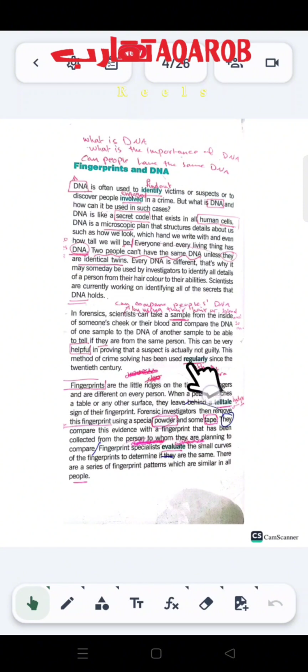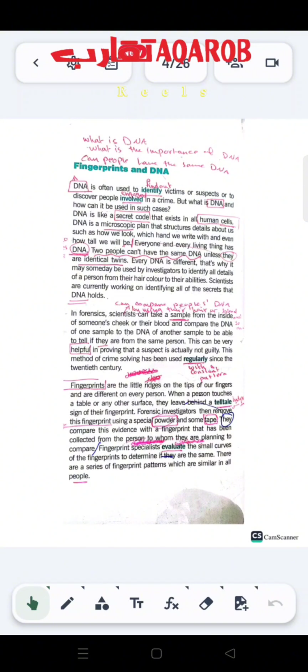Now, the last paragraph. Fingerprints are little ridges on the tips of our fingers and are different on every person. When a person touches a table or any other surface, they leave behind a telltale sign of their fingerprint. Forensic investigators then remove this fingerprint using a special powder and some tape.